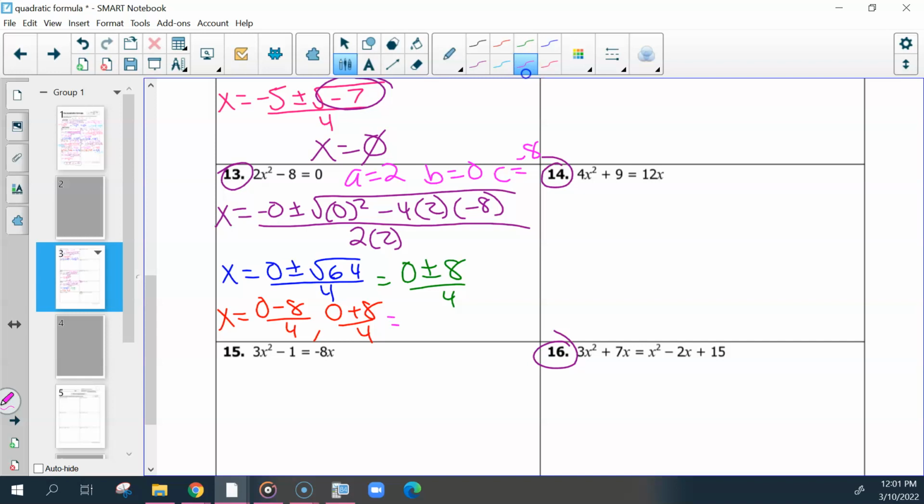So this would become negative 8 over 4 and positive 8 over 4, or negative 2 and 2. Questions on this one?